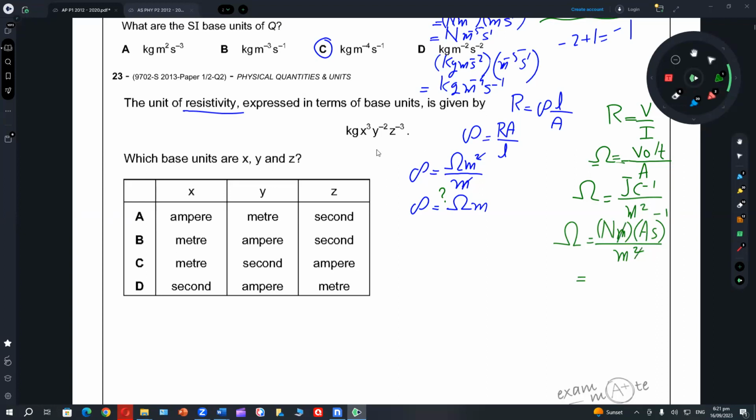One meter will cancel. Newton, ampere -1, second -1.